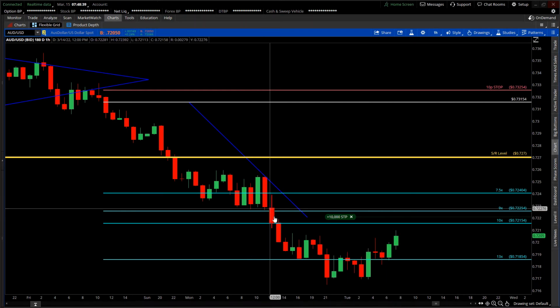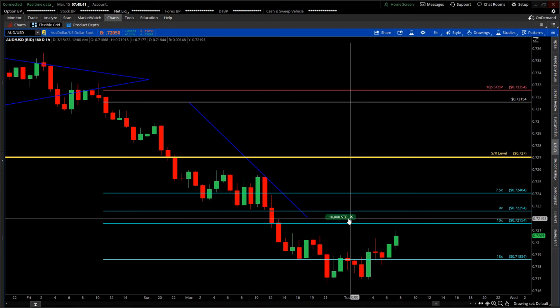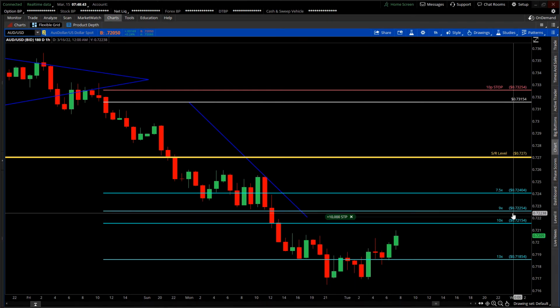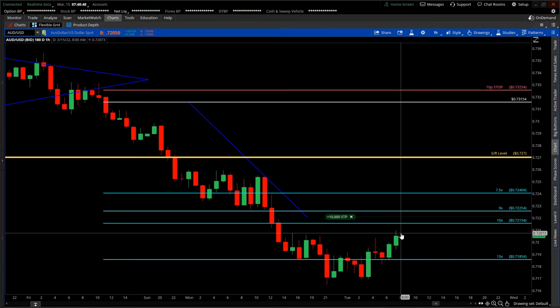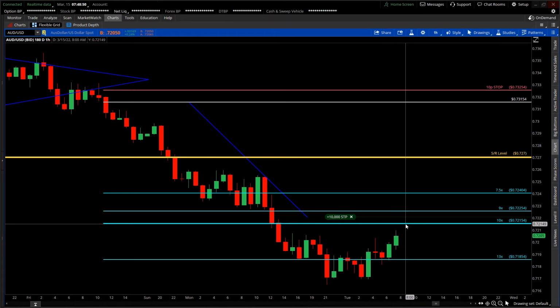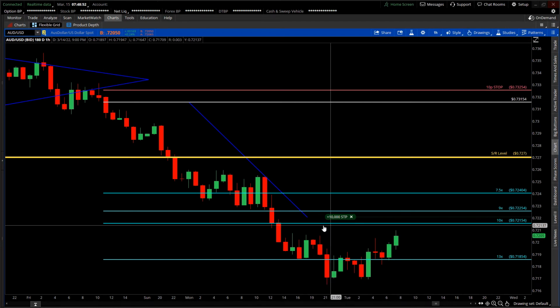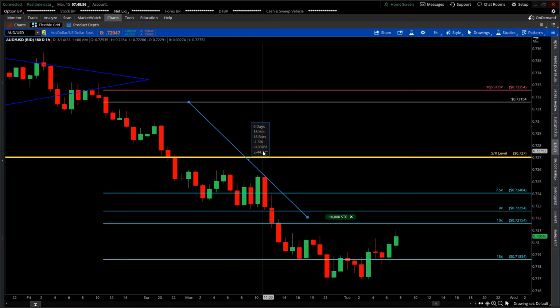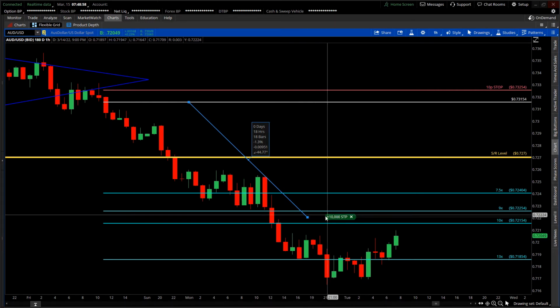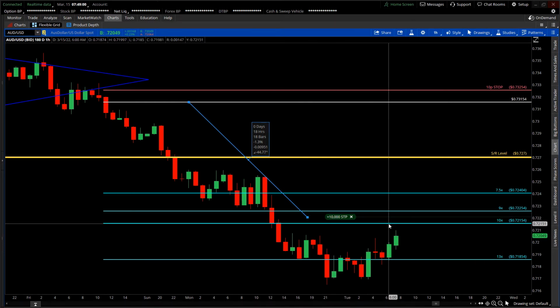So during the overnight session, I did move my stop all the way down between 9 and 10x risk to reward. So in the event that price does come back, I'm looking at approximately a 9.5, or 95 pip win, which is still a good trade.